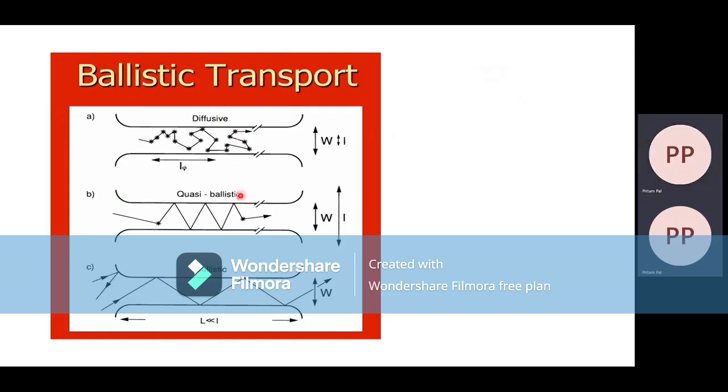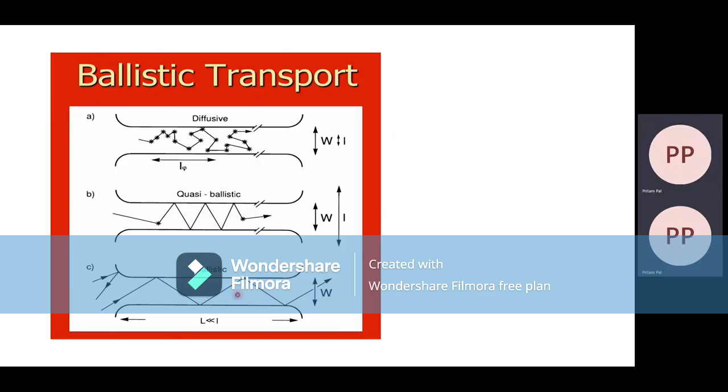This is the mean free path, when L is small compared to the system size, the length and width. So for the diffusive regime, the electron would experience many scatterings, as usual, while traveling through this wire depicted here. And in a ballistic regime, the trajectories are strictly specular as the electron crosses the wire.